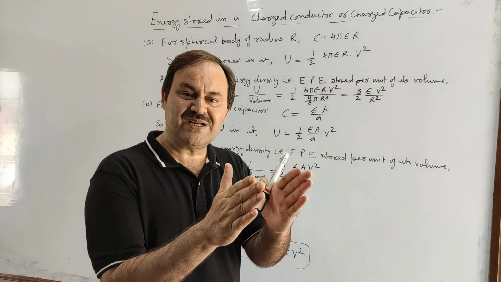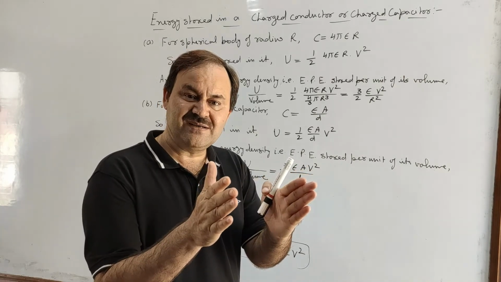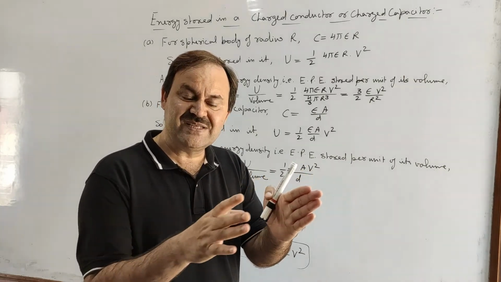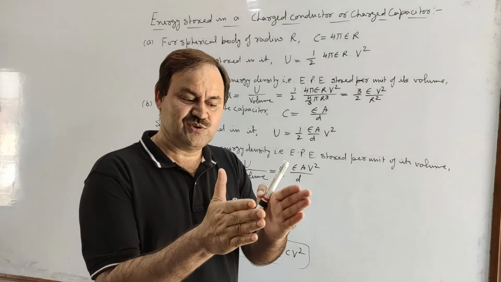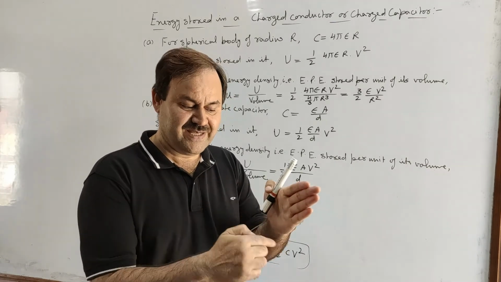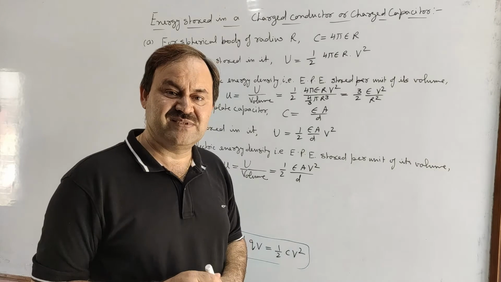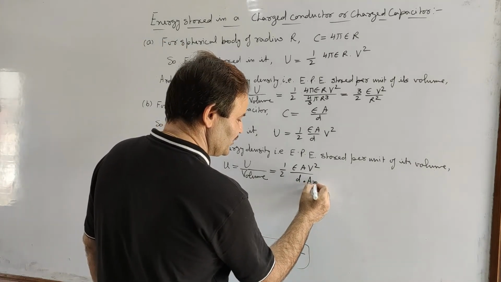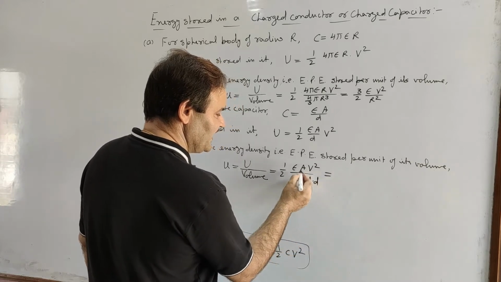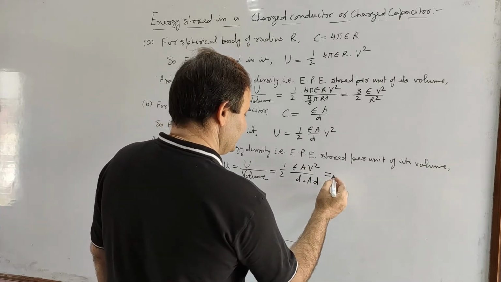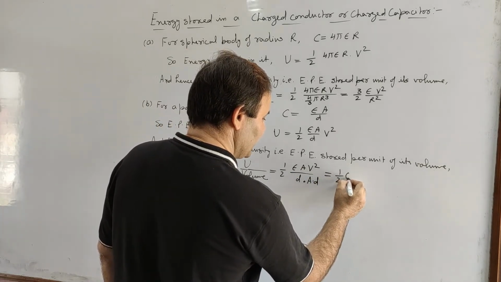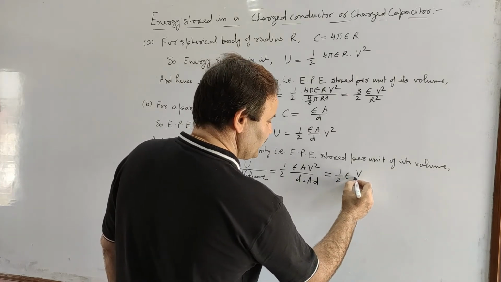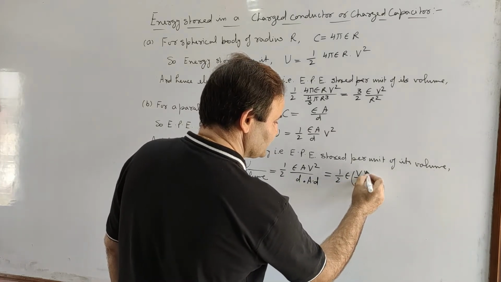having two parallel plates, each of area A, and the distance between the plates is D. So the volume will be area into distance, that is A into D. A will get cancelled and here it will become half epsilon, V upon D whole square.